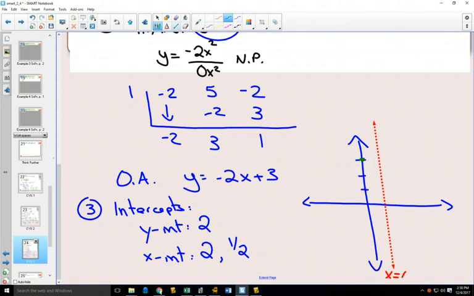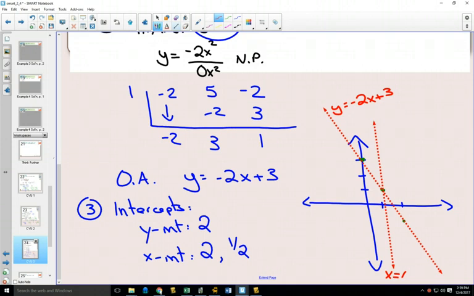We'd have a y-intercept of 3, a slope of negative 2, down 2 over 1, down 2 over 1. Oh, so close. That's better. And we can label that one as well. So there are our two asymptotes.